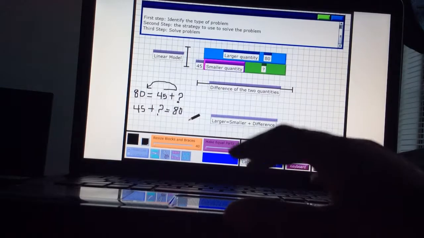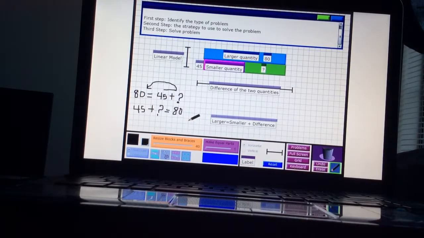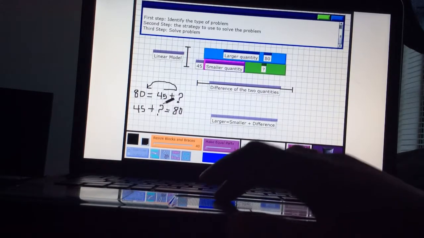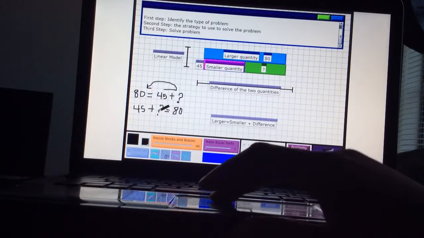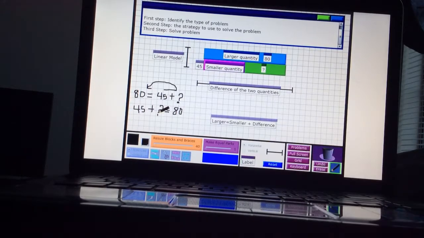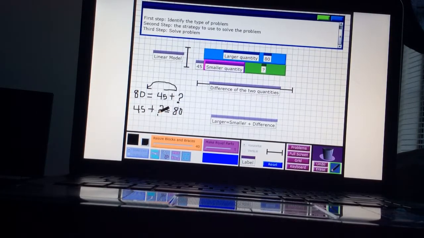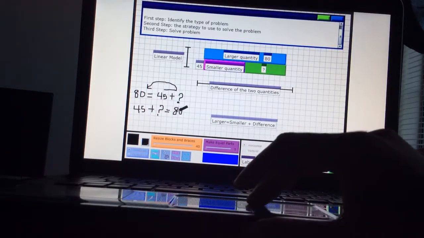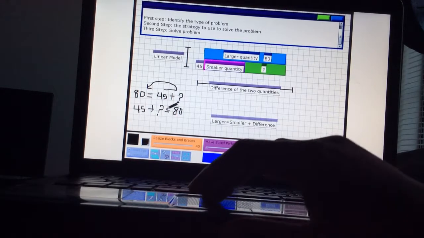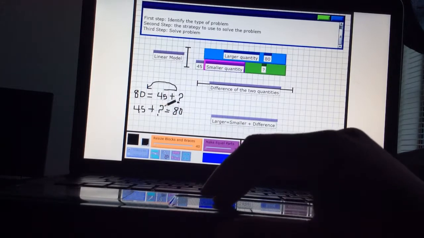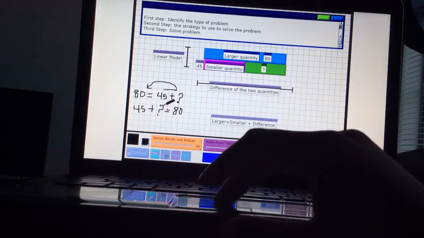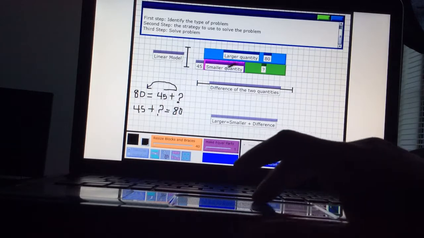So now what do we need to do to solve this problem? As you can see, we still don't know the difference here. So therefore, we can't add 45 plus question mark to get 80. So the only way that we can figure out what this number is here is to go back to our strip diagram.